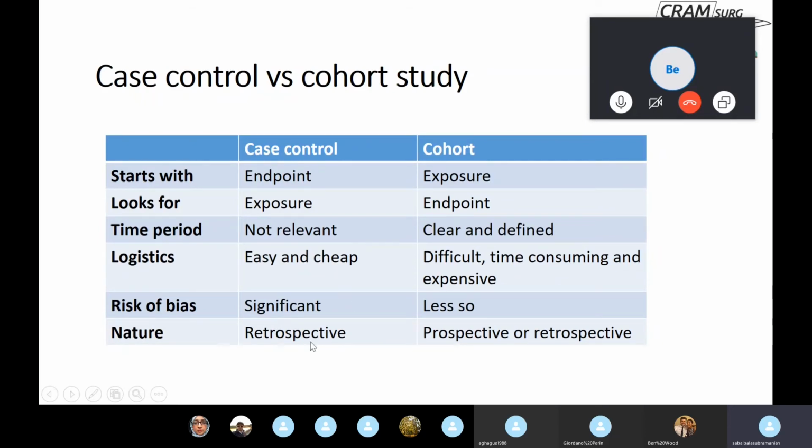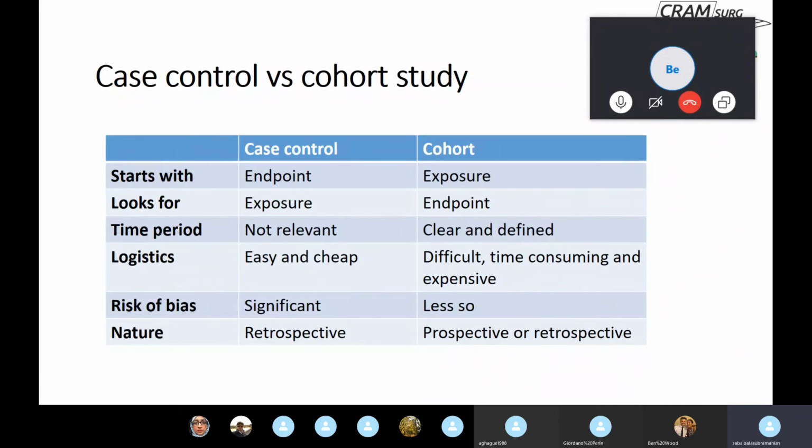Now, case control studies by definition, because you're starting off with the endpoint, are retrospective in nature. Cohort studies, intuitively you would think that they're all prospective, but there's a certain kind of cohort studies that are retrospective.